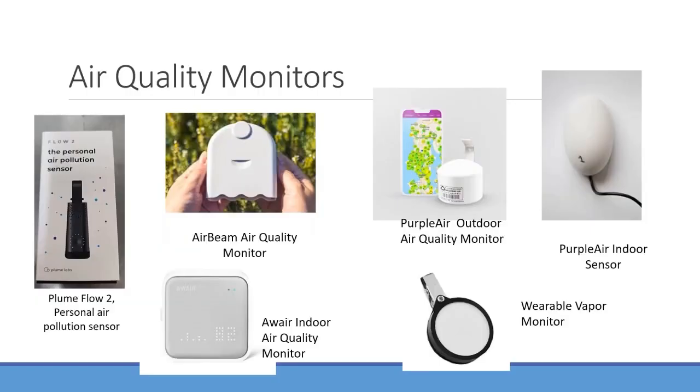So here are some examples of some of the other types of air quality monitors that we talk about and have used. There is the Plume Flow, which is a personal air pollution sensor, the AirBeam. The Purple Air now has indoor and outdoor sensors.